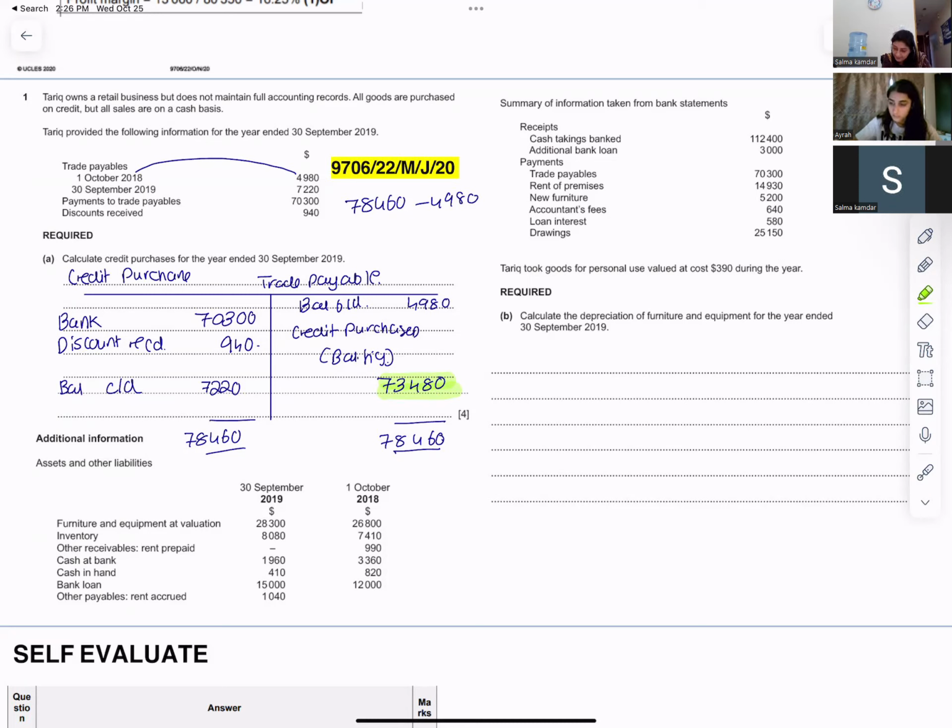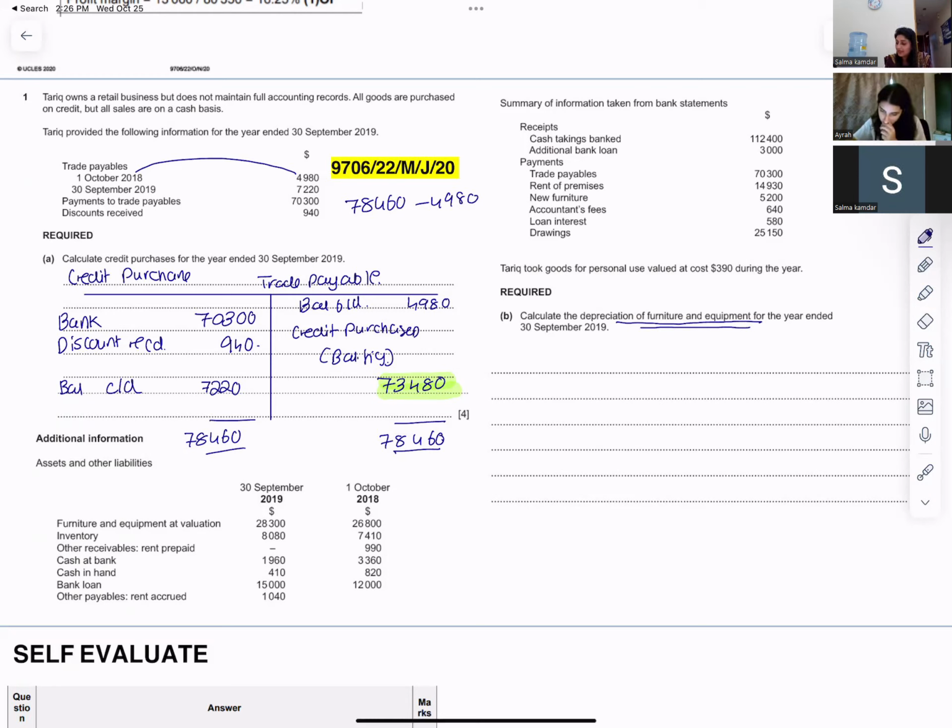Whenever they ask you a question, anything above it will be the information related to that question. Now you have additional information. Before going through anything, just see what they want you to calculate in the B part. Calculate the depreciation of furniture and equipment for the year ended 30th September 2019.